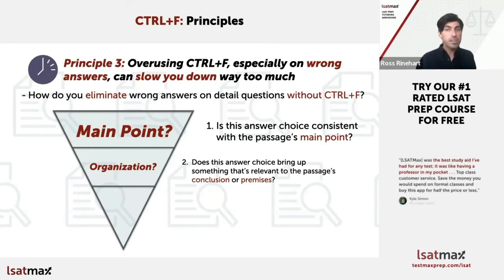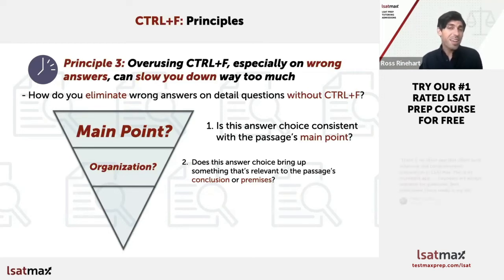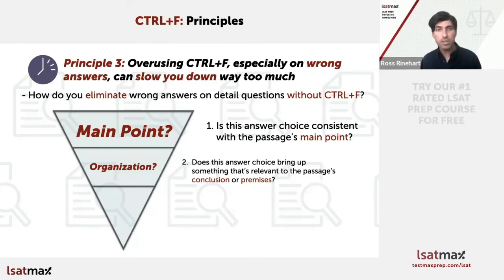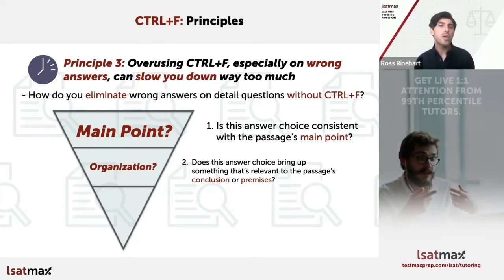Does either of these details have to do with the conclusion that the author reaches about the additional thing? If not, if that answer choice seems beyond the scope of that passage's organization, that answer choice is almost certainly wrong. You don't have to worry about reviewing the passage to get confirmation that it's wrong. Just by knowing that it doesn't fit within the organization, you'll know that it's incorrect.